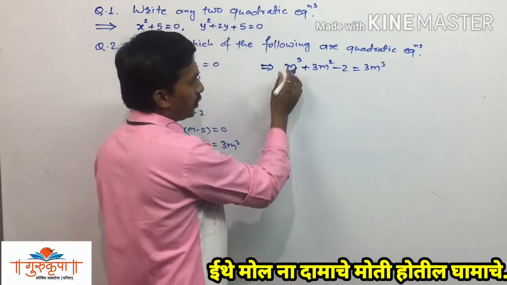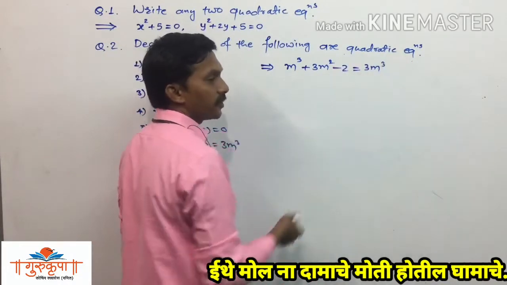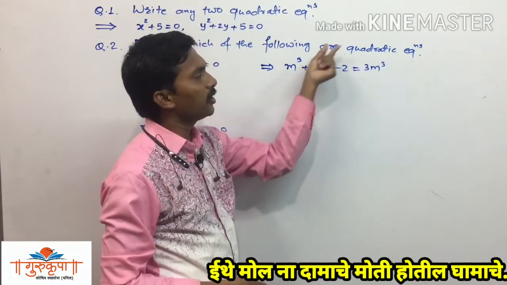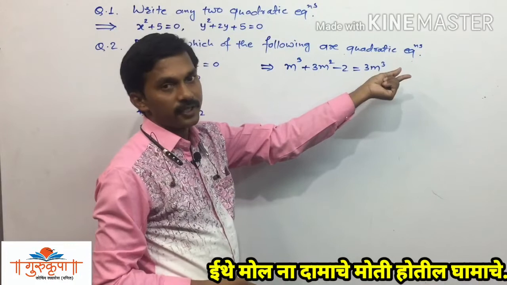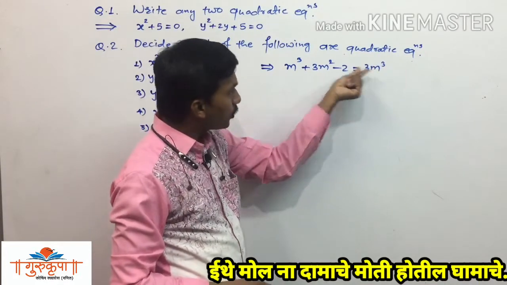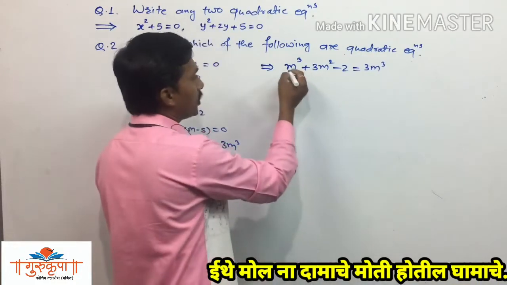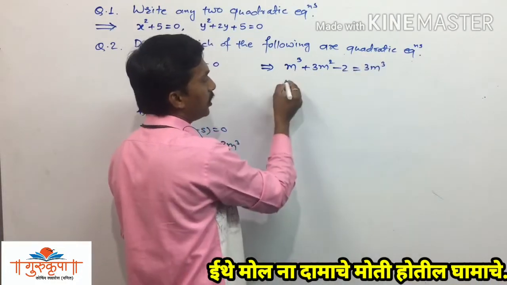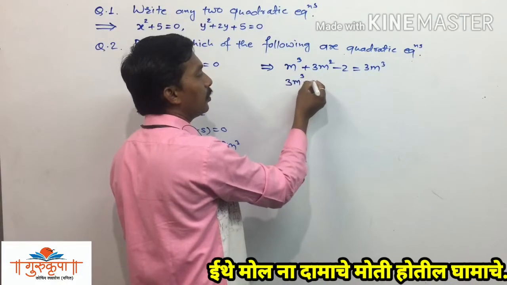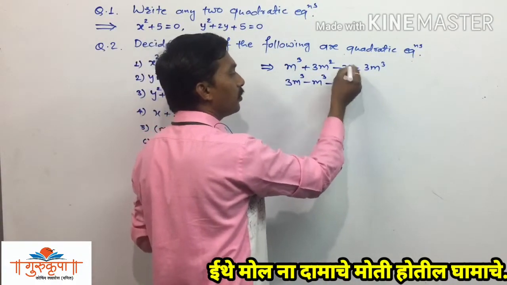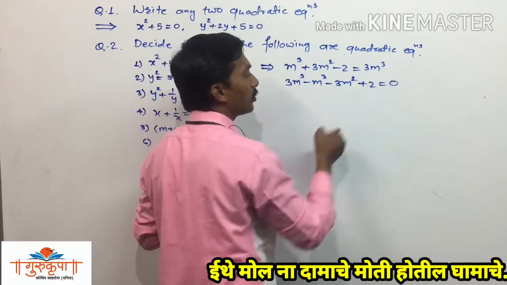Now, we will transfer all these terms to the right side, because this is the biggest term of all the terms. So we will write all these terms on the right hand side, or you can transfer this one term to the left side also. Here we will transfer these three terms to the right side. So the equation will become 3m cube minus m cube minus 3m square plus 2 is equal to 0.